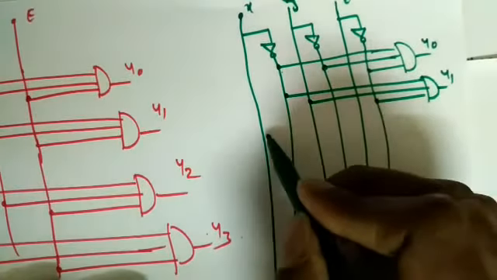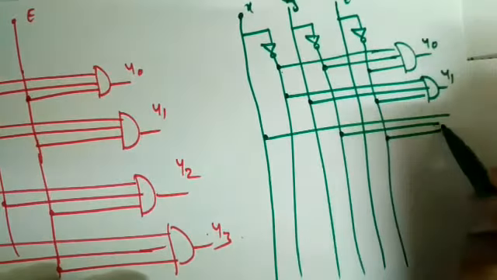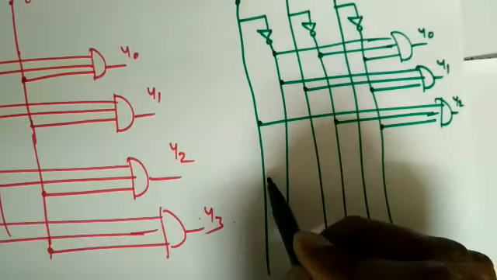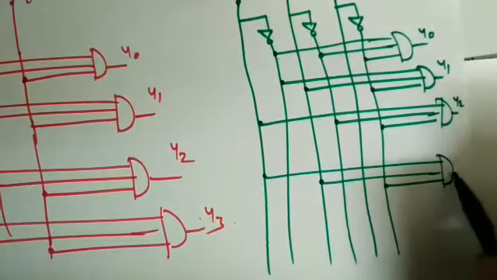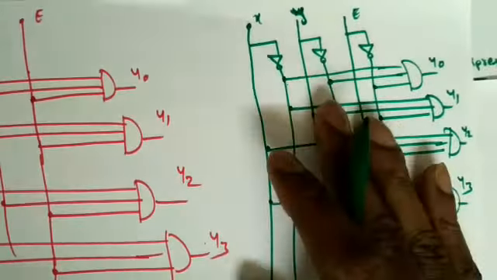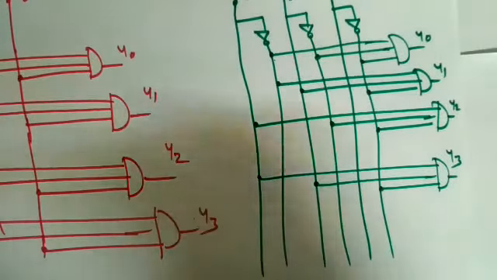Next one is x y bar. So this is x and this is y bar and this is e bar. So this is y2. So what is the last expression? x and y. So this is x, this is y and this is e bar. So what is this? Y3. So this is the logic diagram for the 2x4 decoder with active low enable input, right?